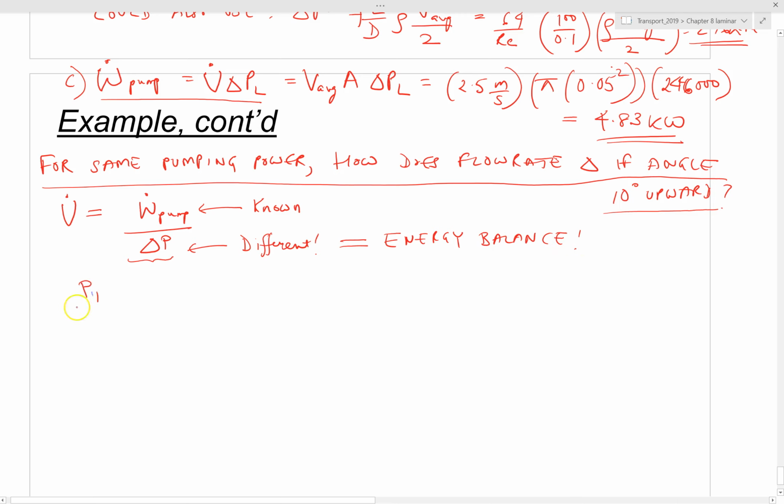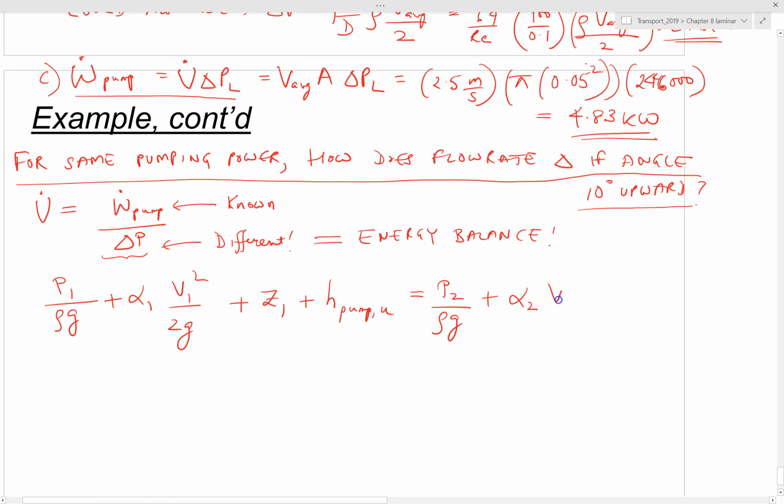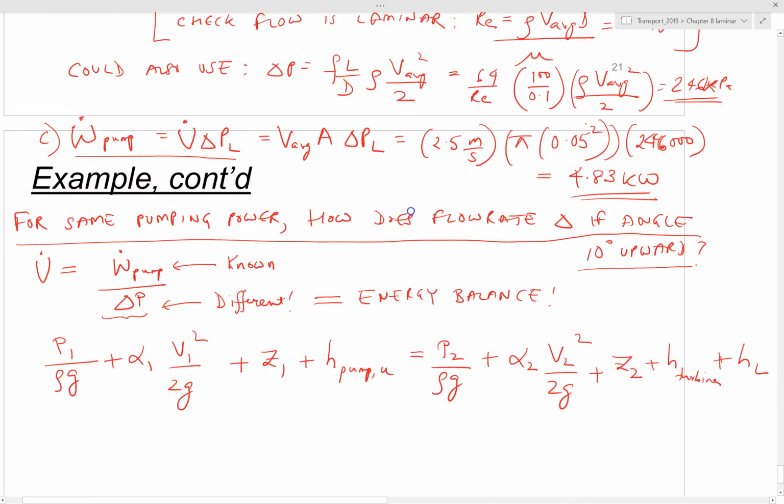So in this case, P1, the entrance, over rho G, plus alpha 1 V1 square over 2G, plus Z1 plus H pump U is equal to P2, the outlet, plus alpha 2, the correction factor, V2 square over 2G, plus height Z2, plus if you have a turbine, plus HL, head loss.